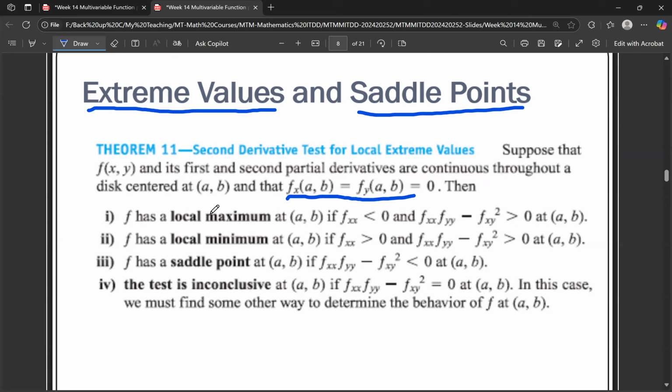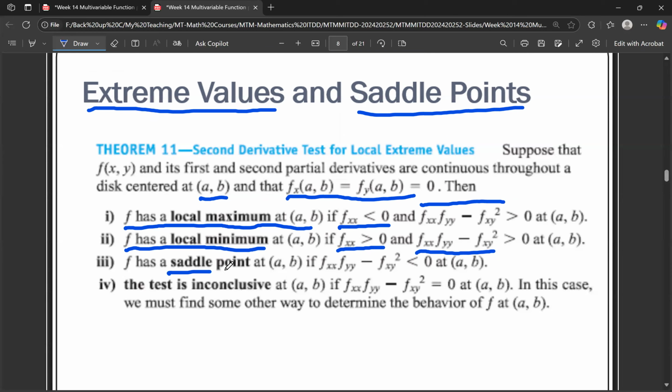We calculate the critical points and get (a, b), and then we can determine that the function will be a local maximum at (a, b) if fxx is less than 0 and this value is greater than 0. It is a local minimum if fxx is greater than 0 and this value is still greater than 0.